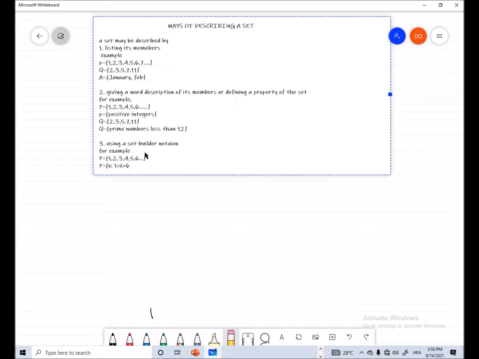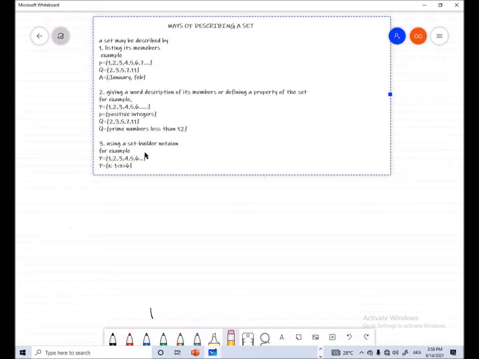So this means that when we are writing this mathematical expression under set builder notation, the x, which is the number, stands for the members in the set.